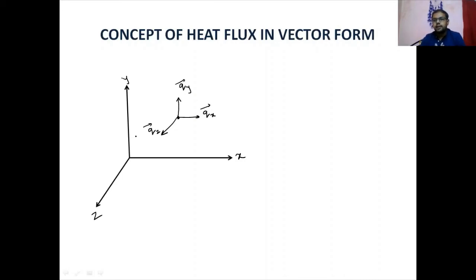From a point, heat is going all around, if there is a very high temperature at that point. So heat goes in different directions with different amounts. Along the x direction it goes with one value, along the y direction with a different value. All are vector quantities. So what is Qx?